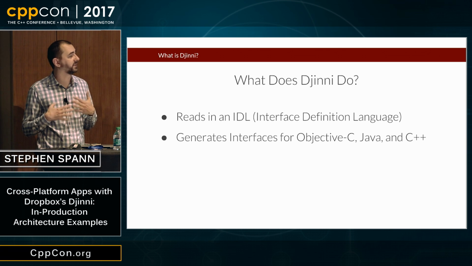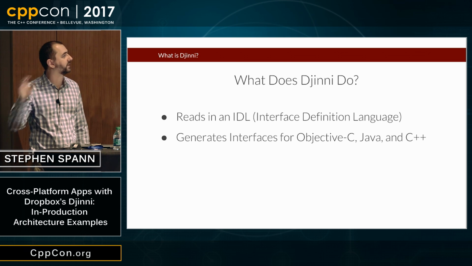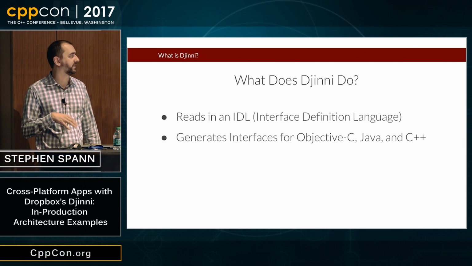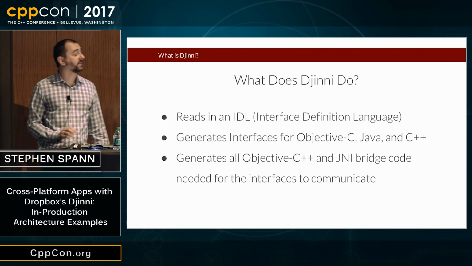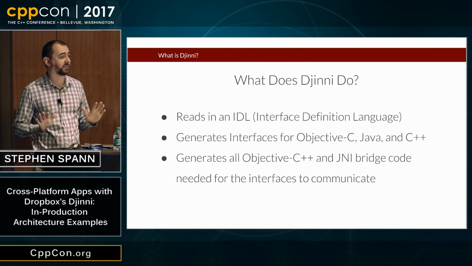The main reason we want it is it generates interfaces for us for each of the languages that we care about: Objective-C, Java, C++. It gives us an interface that we just fill in the methods, and that's all we need to worry about as far as our language bridge is concerned. And it automatically generates all the stuff that happens between those, so we don't ever have to see it.